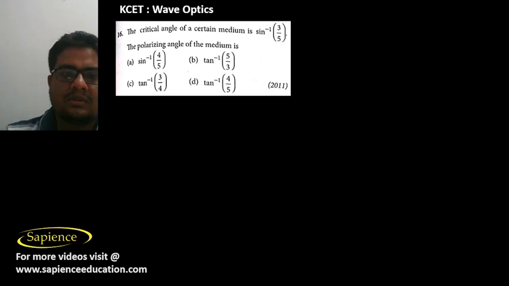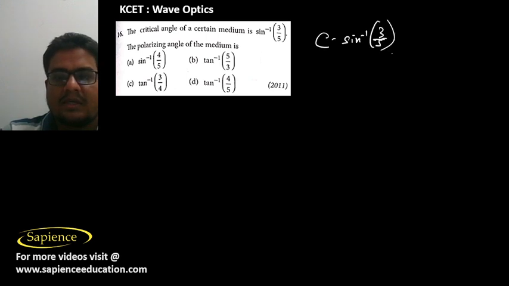And in question number 16, it is told the critical angle of a certain medium is sine inverse of 3 by 5. This is also equal to sine inverse of 1 by n, where n is the refractive index of that medium. Then the polarizing angle of that medium is.